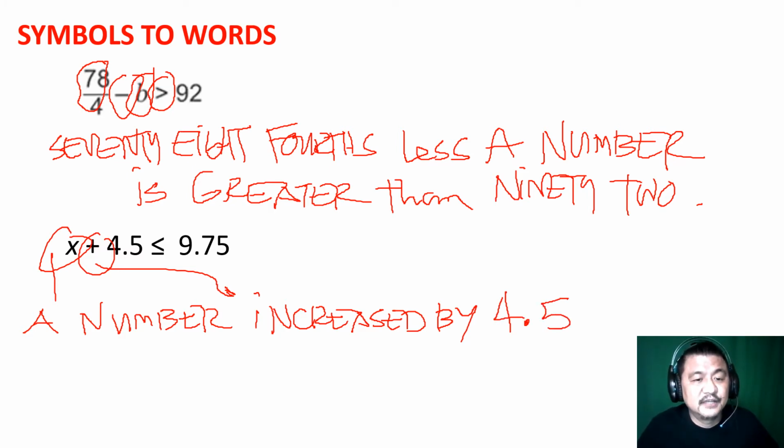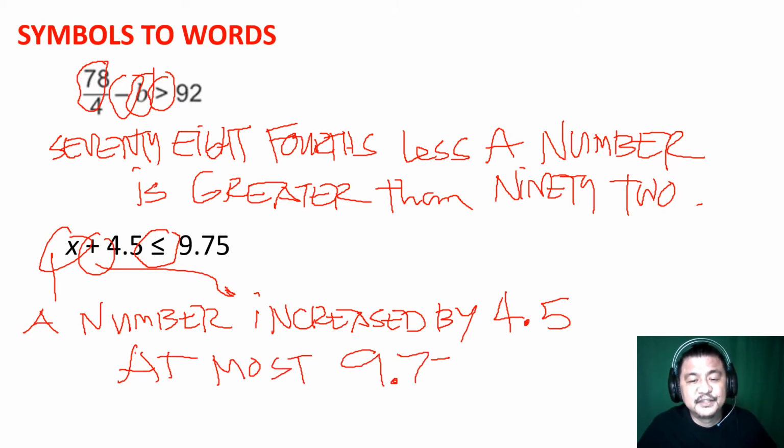Okay, another name for less than or equal. I don't want to use less than or equal. Another name for less than or equal is at most. At most 9.75. Okay? Less than or equal is at most. Go back to your vocabulary if you're not sure.